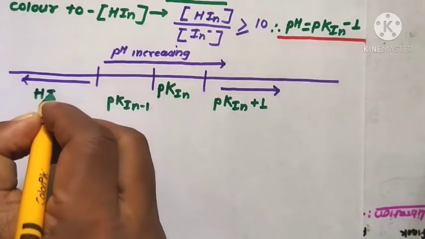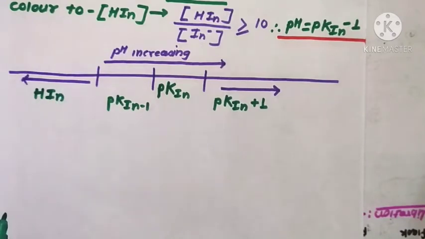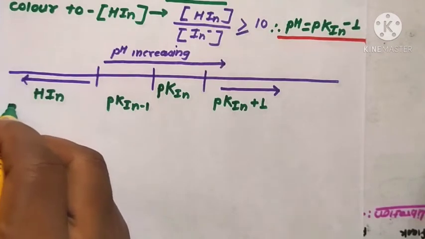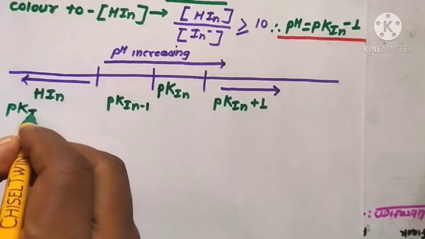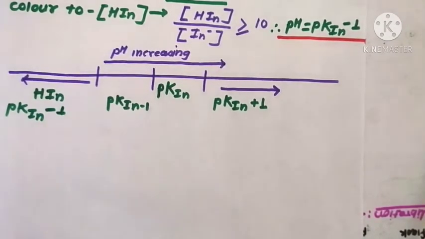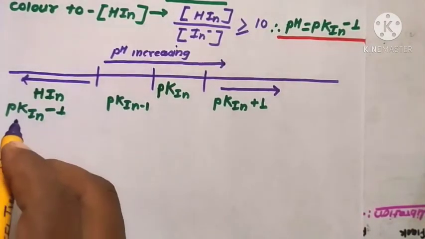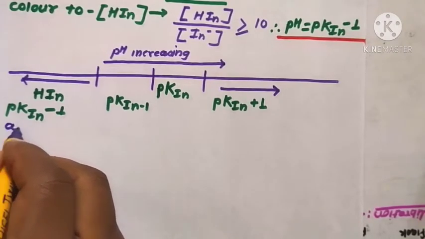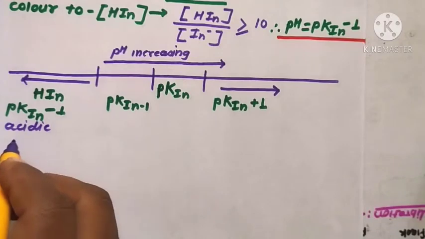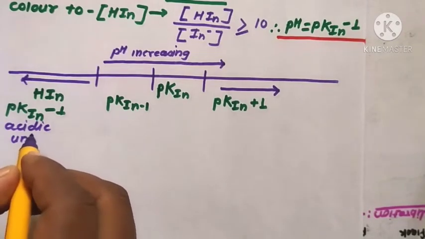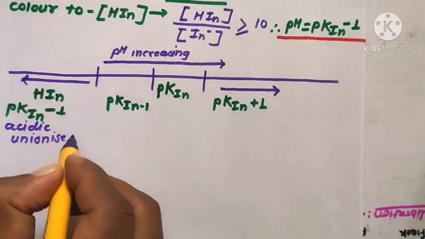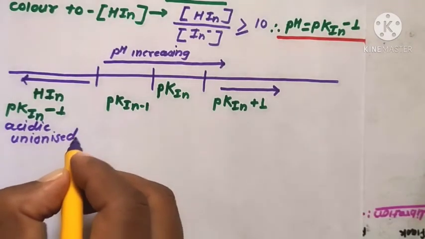Here the HIn at pKin minus 1 is the acidic or unionized form.